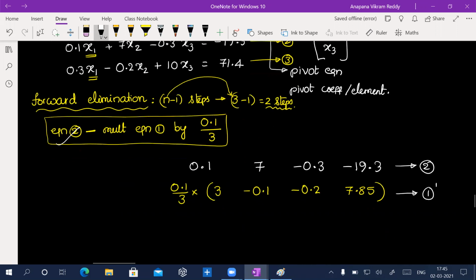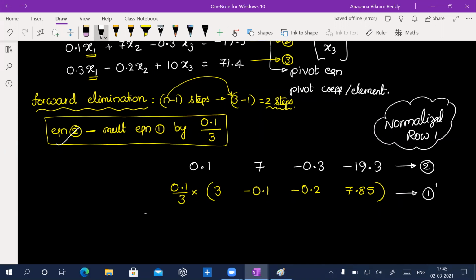When we multiply equation number 1 by 0.1 by 3, this entire equation became normalized. So I normalized row 1, then you get this.